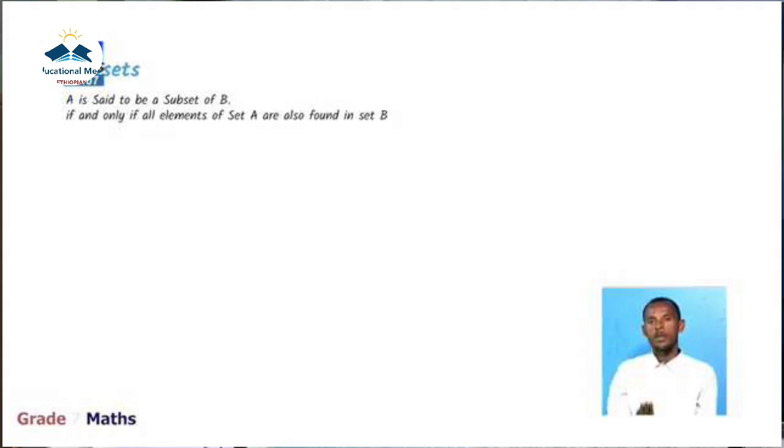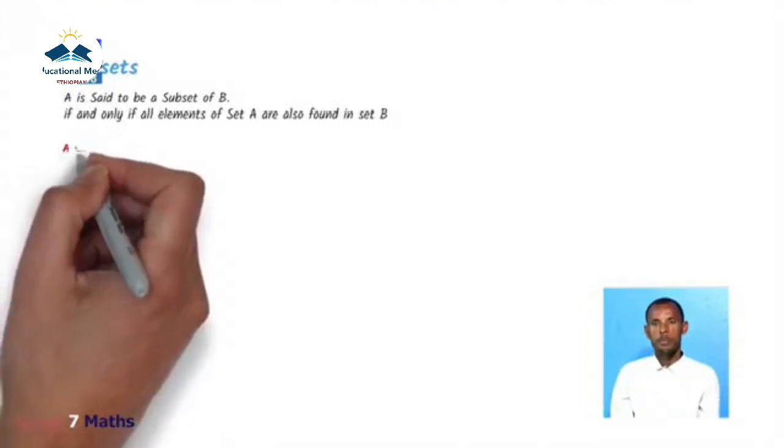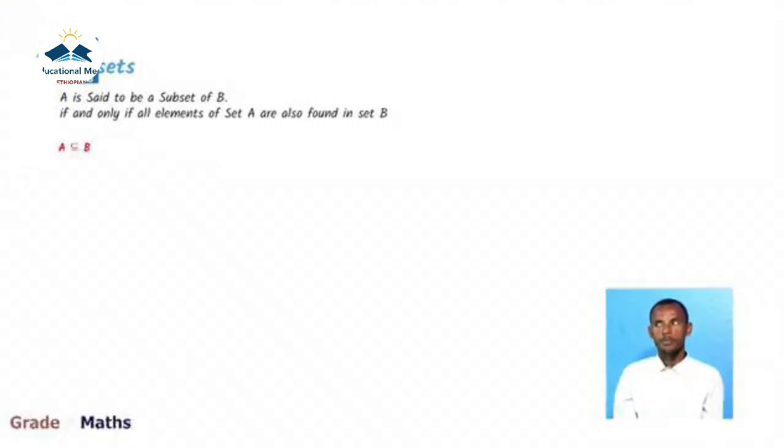If A is subset of B, symbolically we write in this form. A is subset of B, symbolically written like this. Okay. Now, let's see example for this concept.